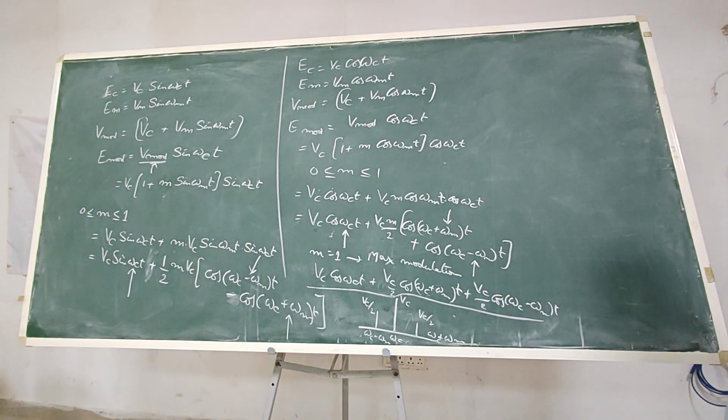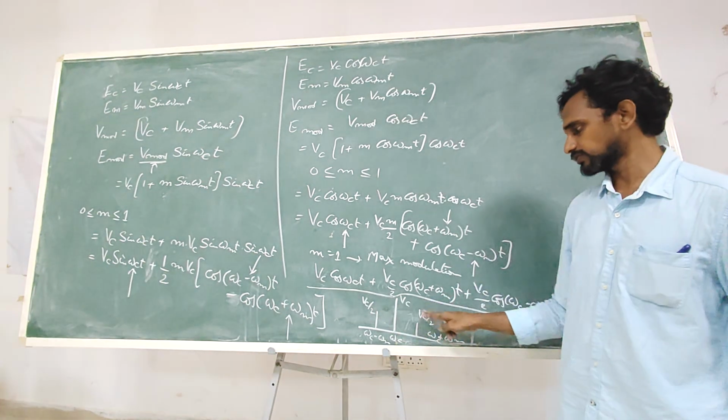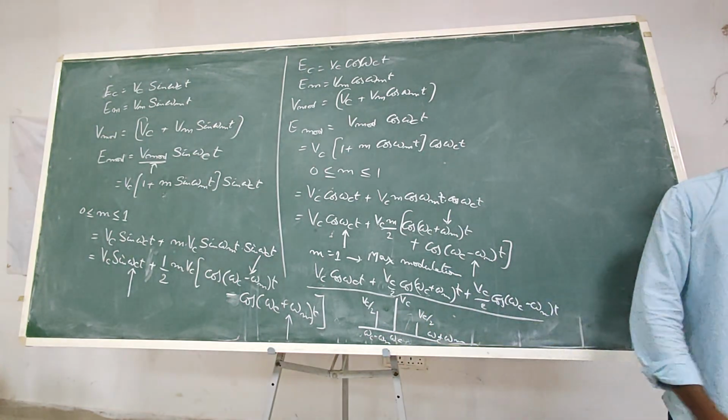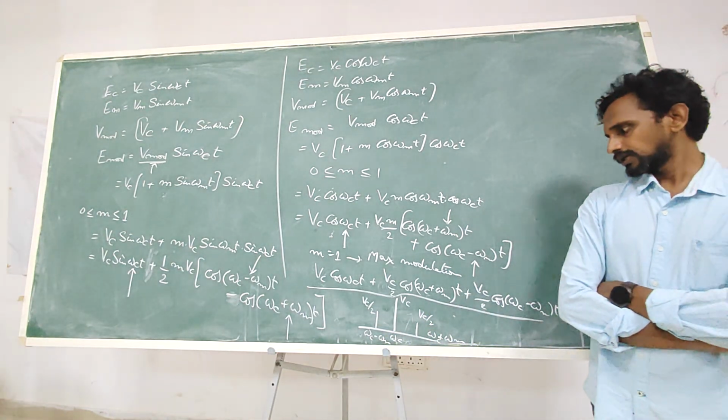You have three bands: Vc, Vc by 2, Vc by 2 amplitudes, at omega c minus omega m, omega c plus omega m, and omega c.